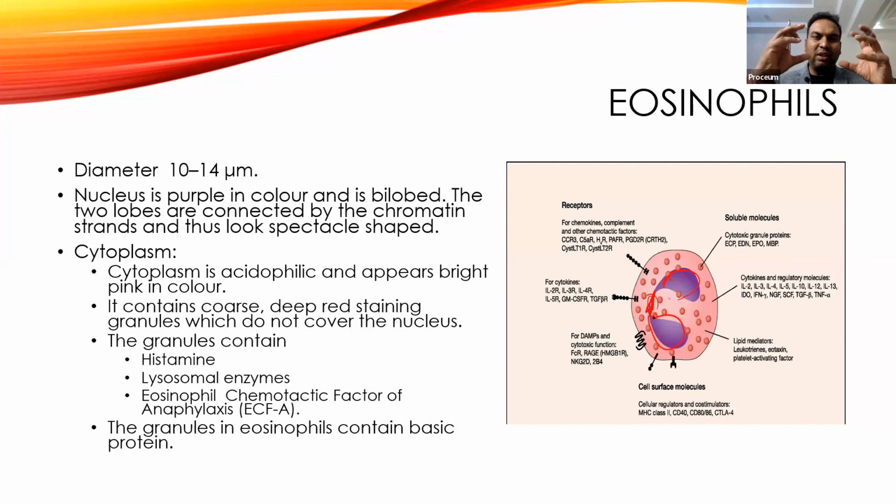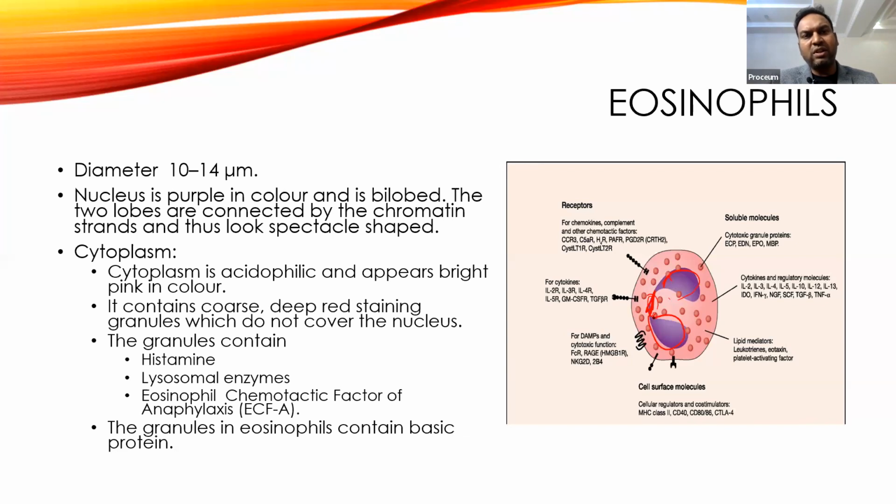And this gives a typical spectacle shape to the eosinophil nucleus, which is why it is also called spectacle shape. It is one of the most beautiful cells which you can see in a peripheral smear. Then come to the cytoplasm. The cytoplasm is more acidophilic and appears light pink in color.